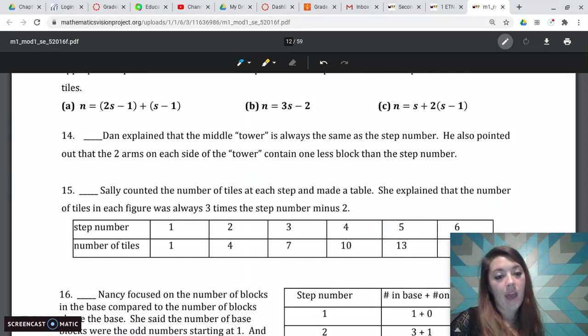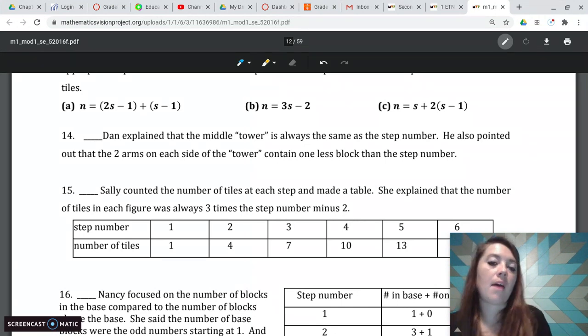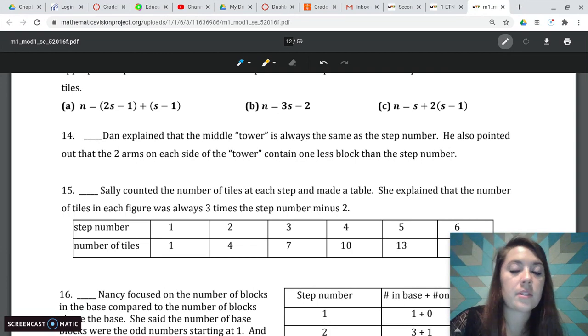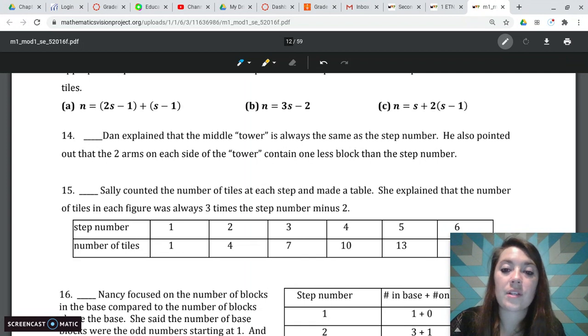A is N equals the quantity 2S minus 1 plus the quantity of S minus 1. For B, we have N equals 3S minus 2. And for C, we have N equals S plus 2 times the quantity S minus 1.